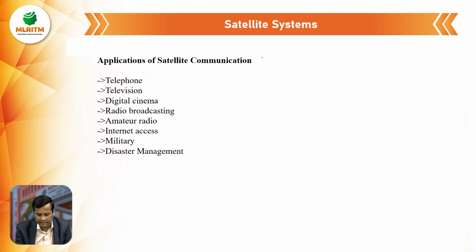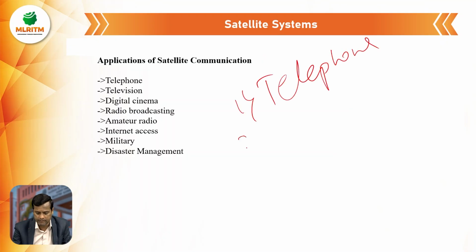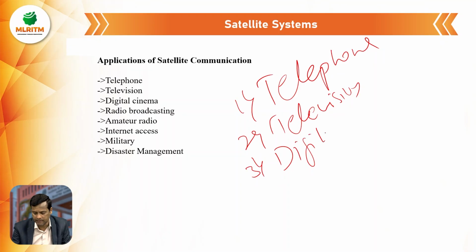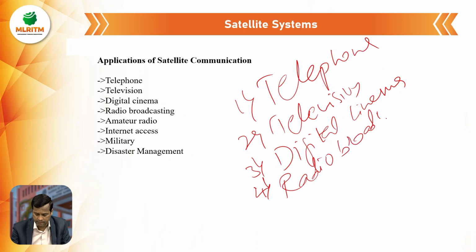So what are the applications of satellite communication? The first one is telephone, the second one is television, the third one is digital cinema, the fourth one is radio broadcasting, and the fifth one is radio, which we used earlier, right.